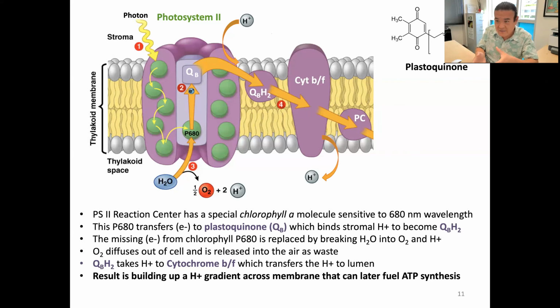So this poor P680 chlorophyll at the center, it can't get a break, right? It's a steady stream of electrons being kicked off of it, and that means a steady stream of electrons have to be put back on it from water. Okay. And so the result of this is the buildup of that proton gradient that is then going to flow back through the membrane through special ATP synthase complexes to then make ATP.